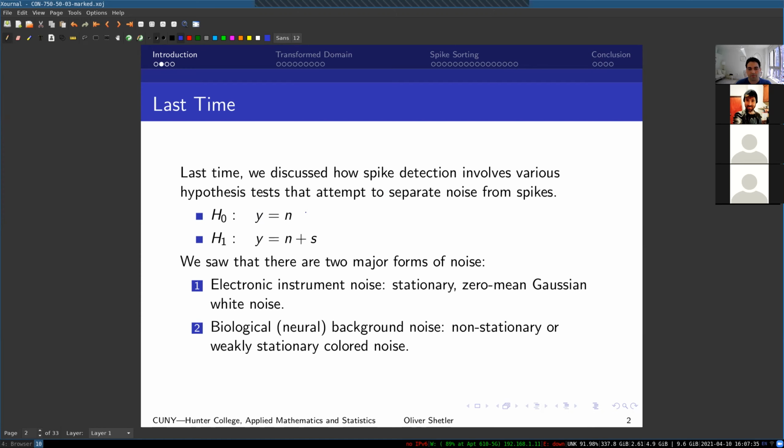The null hypothesis is that it is equal to just noise, right? In this context, we're usually assuming that it's stationary, although that assumption is often broken in practice. And then the alternative hypothesis is that we've got a signal that's composed of both noise and a spike.